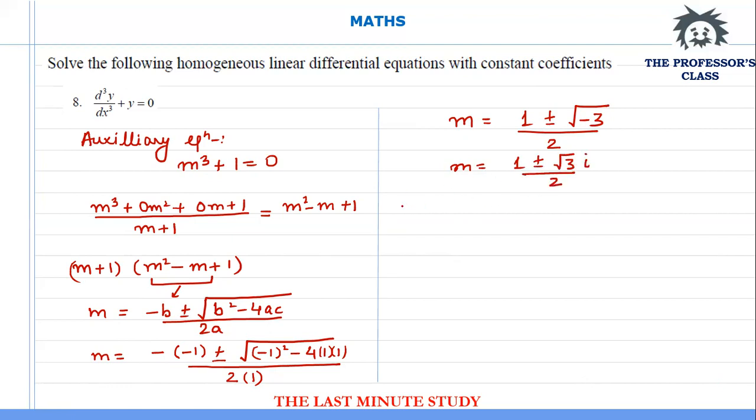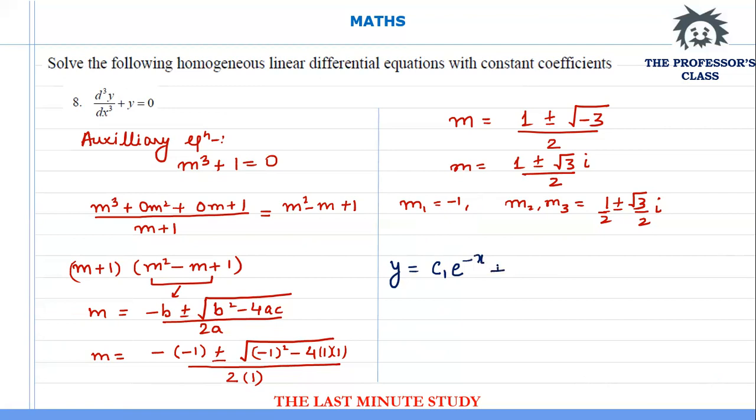So I got 3 values of m. m1 will be equal to minus 1, m2 and m3 can be given as 1 by 2 plus or minus root 3 by 2 i. Again, this will be a combination of real numbers and imaginary numbers, and the solution can be given as y is equal to c1 times e raised to the power mx. The value of m1 is minus 1.